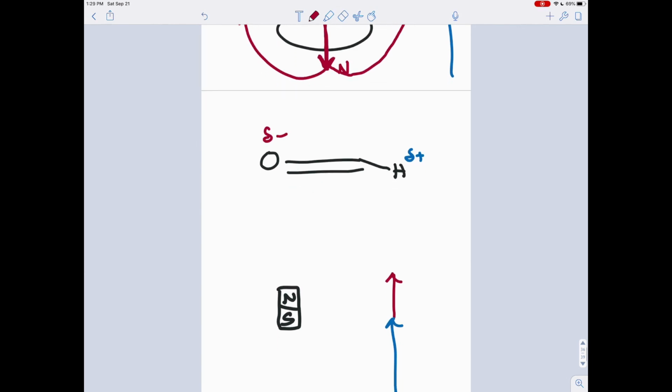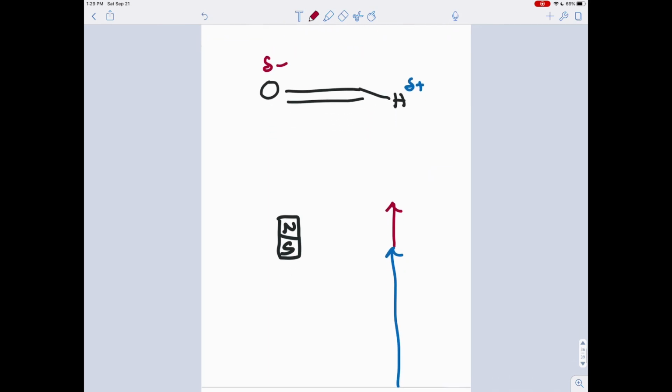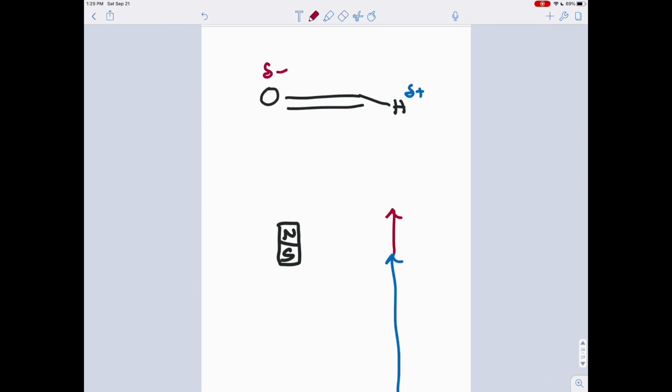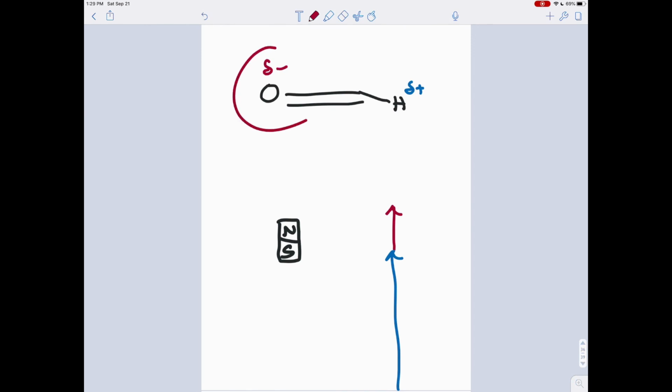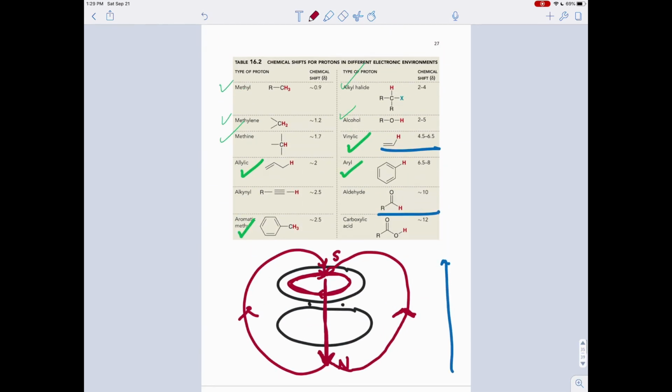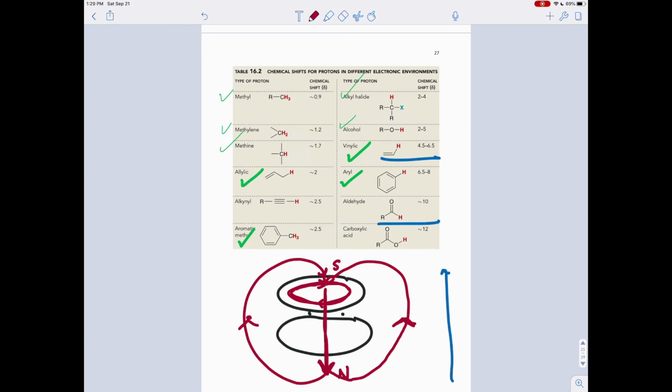And so this is barely shielded against the external magnetic field at all. It can't sort of defend itself as much against this external magnetic field. And so you have the effects of magnetic anisotropy and electronegativity influencing an aldehyde and taking electrons away from the aldehyde and then adding to the external magnetic field. And that's why it takes so much energy to flip that nucleus.